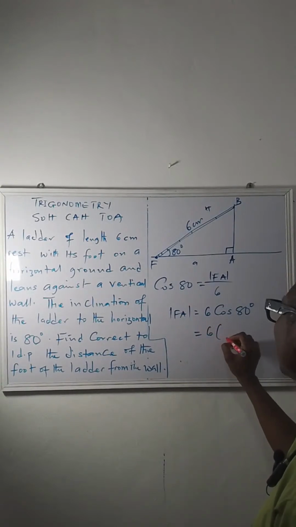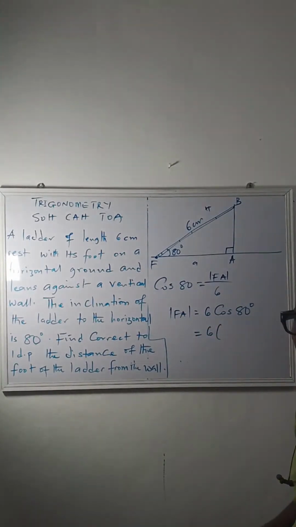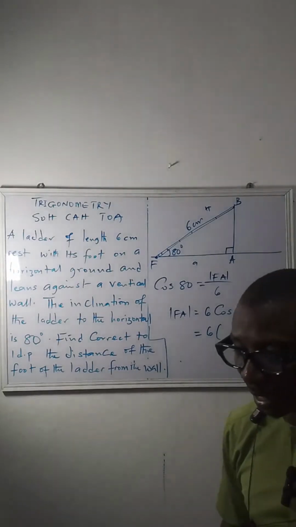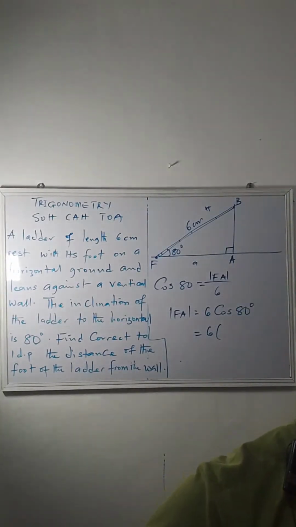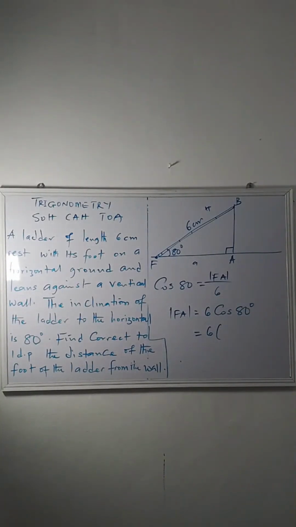So what will that give you? We have 6 times cos 80 degrees. Can you check that for me and drop the answer in the comment section? Every one of you must be participating. What is cos 80 degrees?